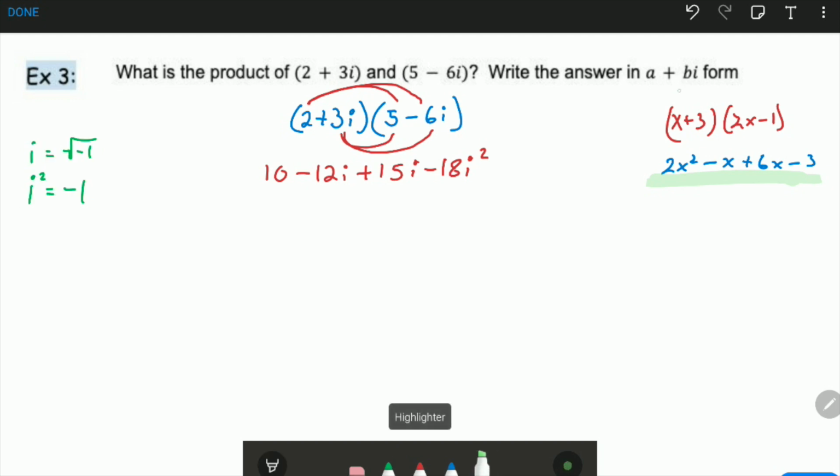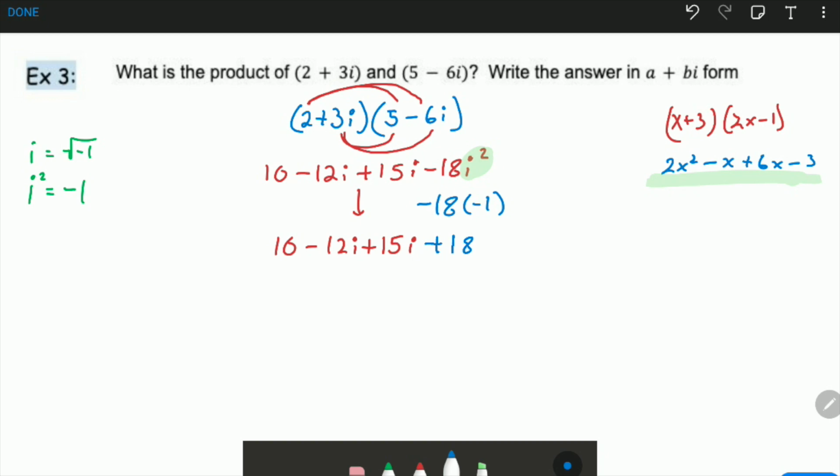You can always write operations of complex numbers in this a plus bi form. The way we do it is we go about looking at i squared as just negative 1. So that last term really isn't negative 18i squared, it's negative 18 times negative 1. So if I rewrite this, we have 10 minus 12i plus 15i, and then the negative 18 times negative 1 gives us positive 18.